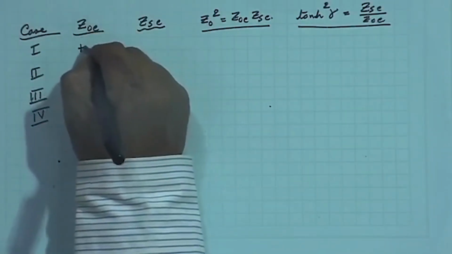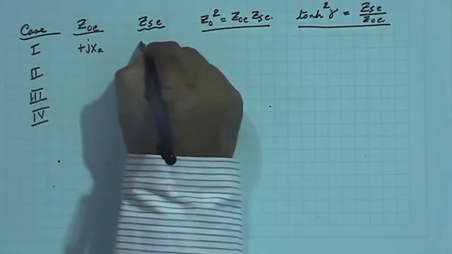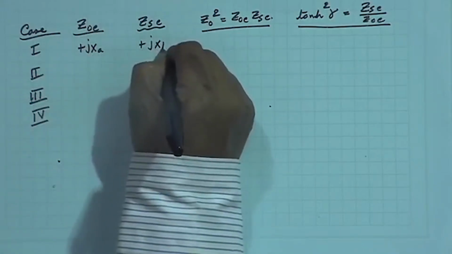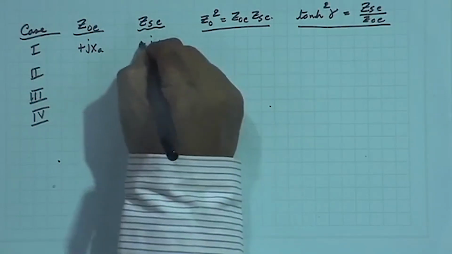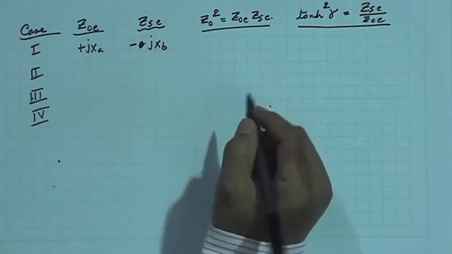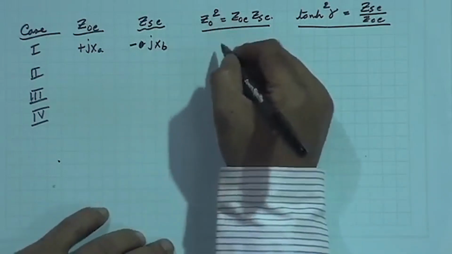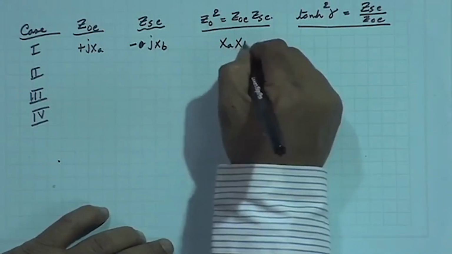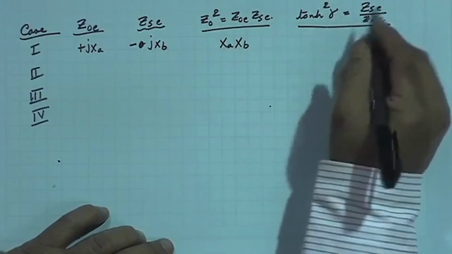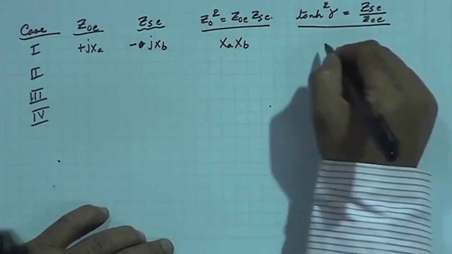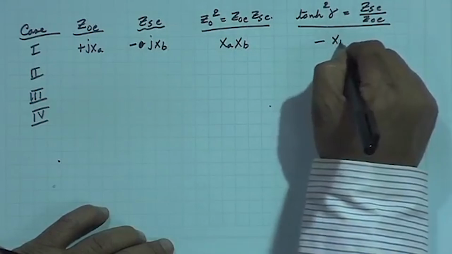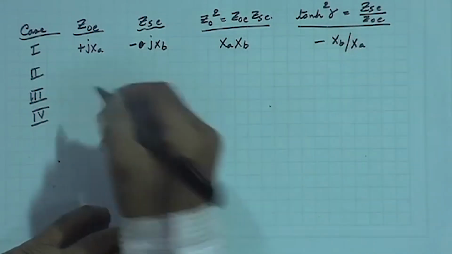So, it is plus jXA, it is plus jXB. Oh, no, not of the same sign, sorry, minus jXB. Then what will be Z naught square? It will be simply XAXB, and what will be this? ZSC by ZOC, it will be minus XB by XA.